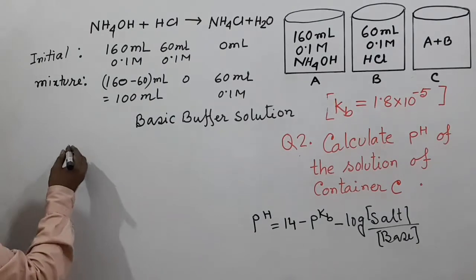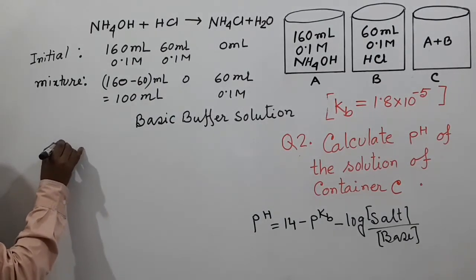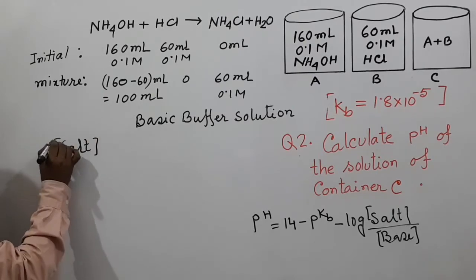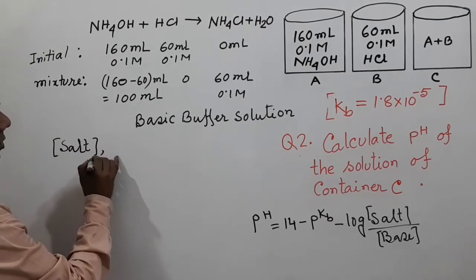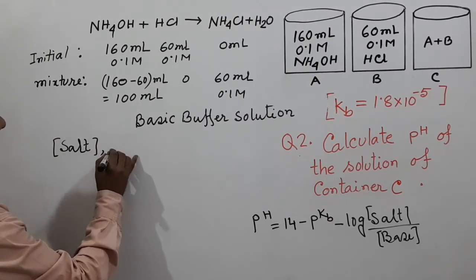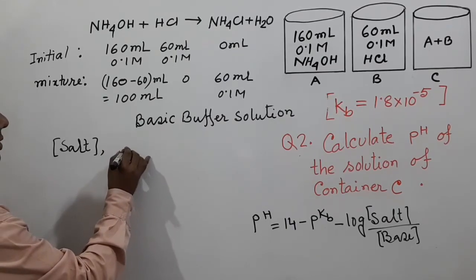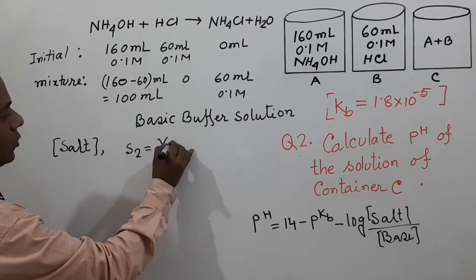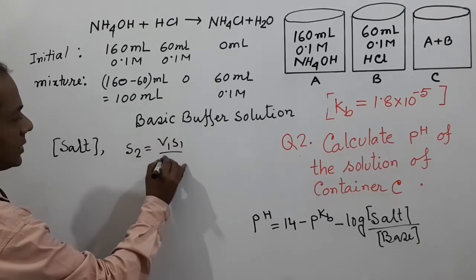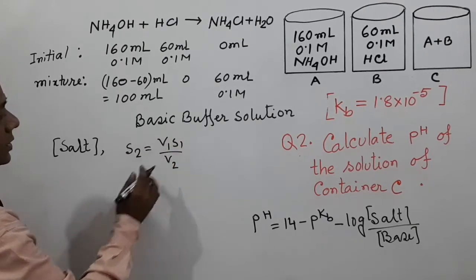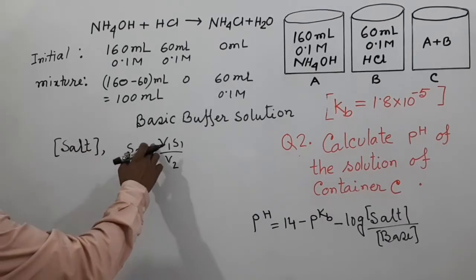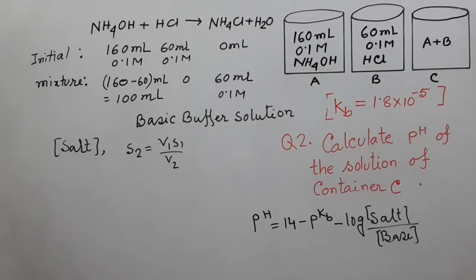So my dear students, at first we calculate the molar concentration of salt. We use the dilution law. That means if the molar concentration of salt is S2, then S2 equals V1 S1 divided by V2, where V1 S1 is the initial volume and concentration of salt.